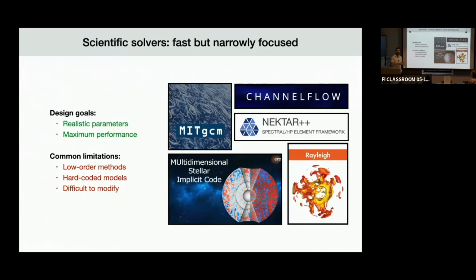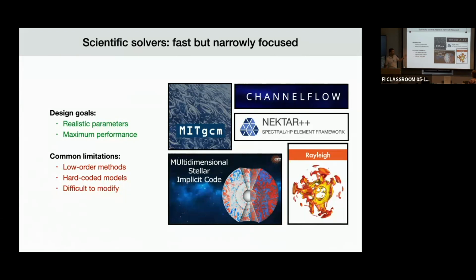People want to run the largest simulations they can, the highest Reynolds numbers, things like that. And often that involves a trade-off, and they also tend to be narrowly focused, right? So they're really only good at maybe a specific set of problems. And if you're interested in doing a multi-physics problem or something that's different than what the code was designed for, oftentimes it's hard to use those types of codes for those things.